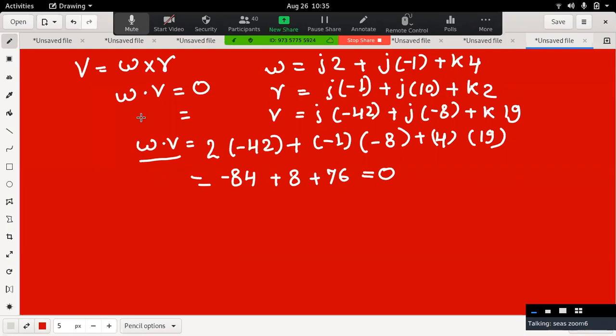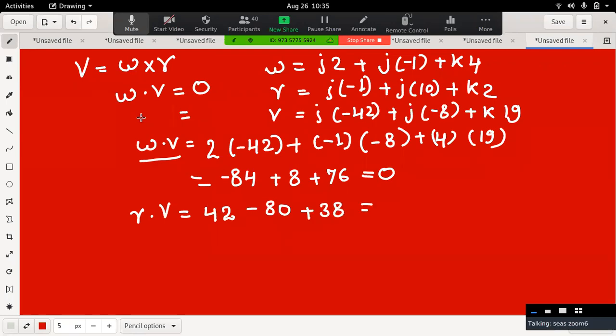So dot products can be used to cross verify whether your cross products are correct or not. Very similar to this, r dot v must also be equal to 0, you know. So if we do r dot v, how much will it be? I'm just directly writing the values: 42 minus 80 plus 38.